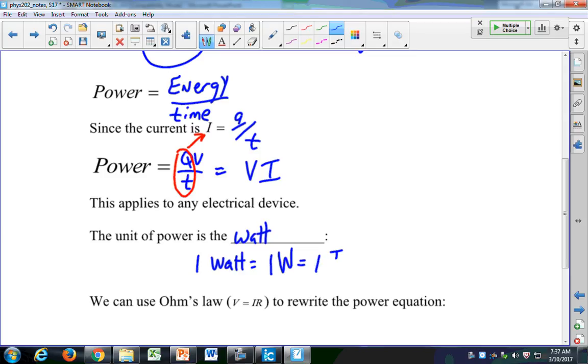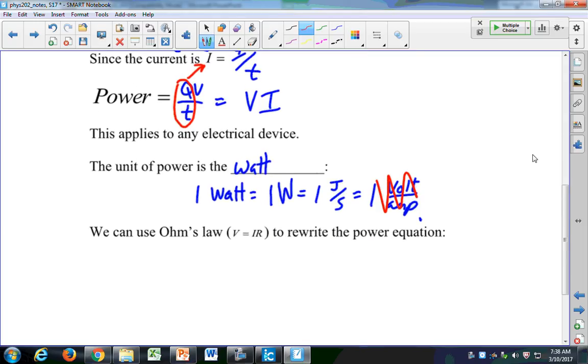It's equal to 1 joule per second. You can also think of this as being 1 volt per amp. All right, that just comes from our power equation. Or excuse me, not 1 volt per amp, 1 volt amp. Don't worry about that. We'll just stick with the basic SI units of joule per second.